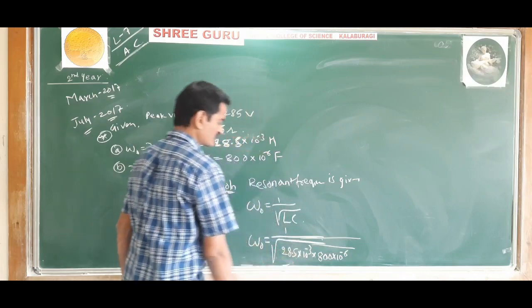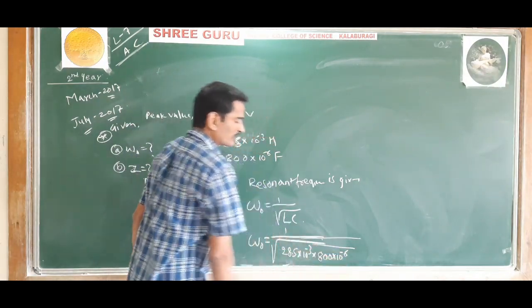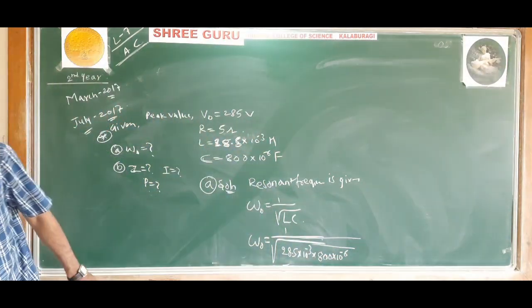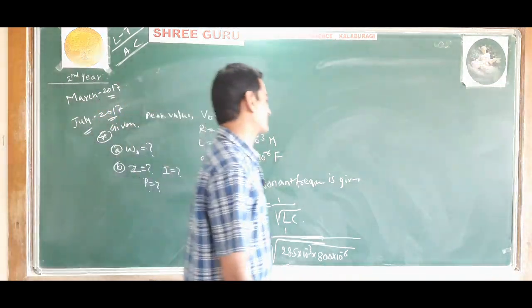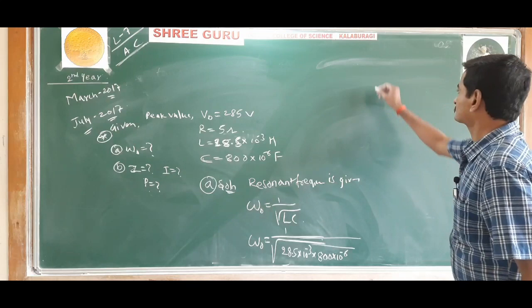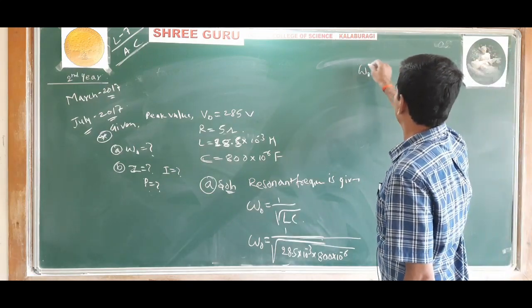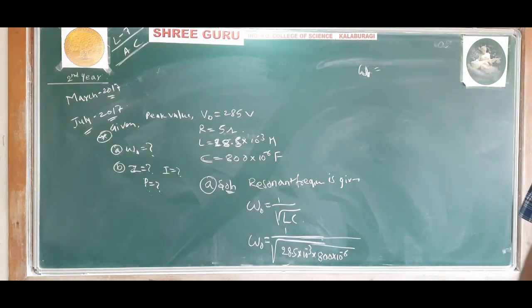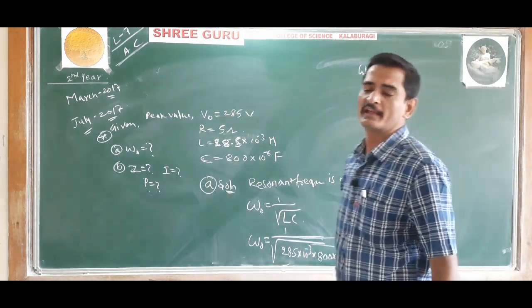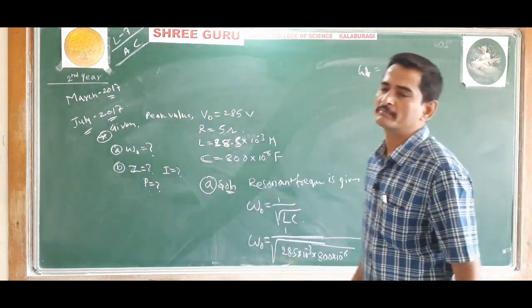Do the simplification. First convert the 10 to the powers into even numbers, then the simplification becomes easy. Whenever a root is there, make it an even number.